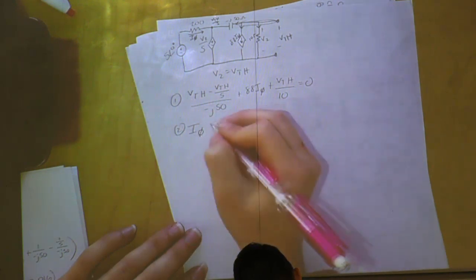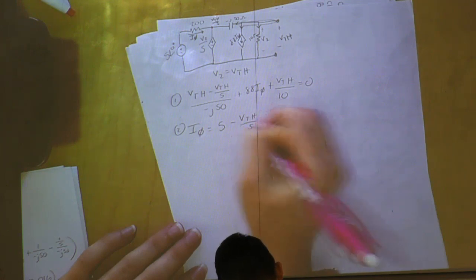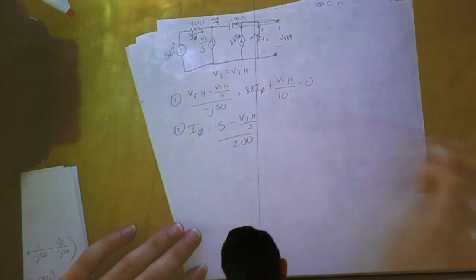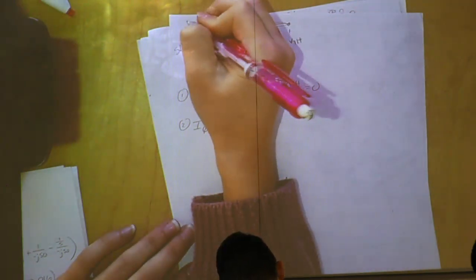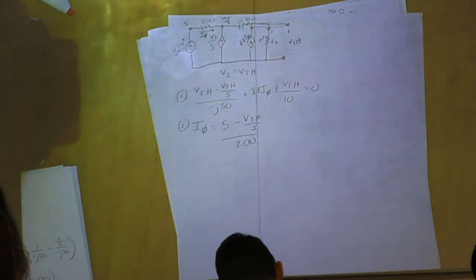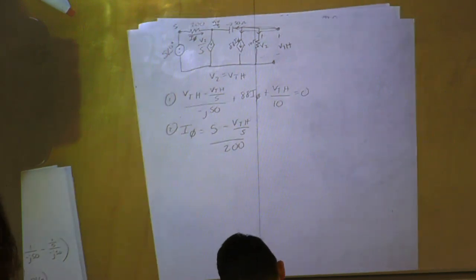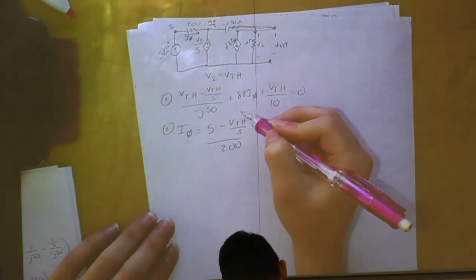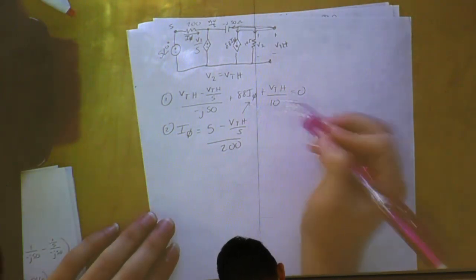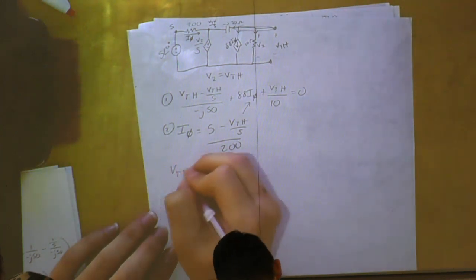Our I phi is actually just equal to 5 minus VTH over 5 all over 200. This node is 5. Once you plug your I phi into this equation, you can actually just pull out VTH.